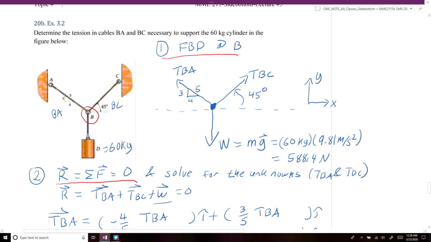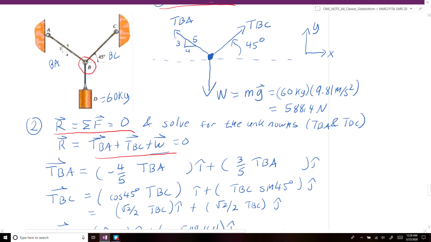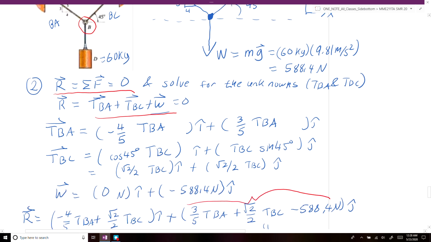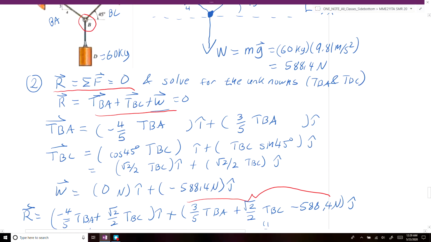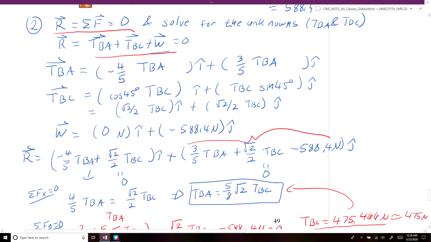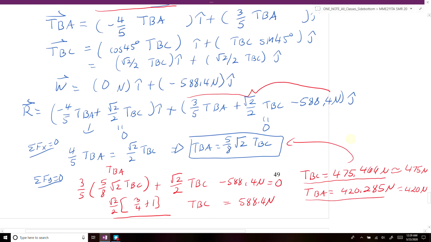We summed up all the forces applied at point B and set them equal to 0. We defined each as a Cartesian vector, found our resultant force, and then set both the x and y components equal to 0 and solved for our two unknowns using those two equations. We were then able to solve for the magnitudes of those forces.